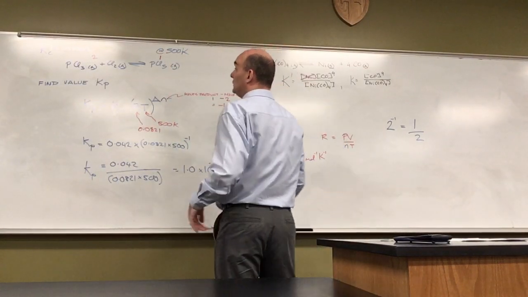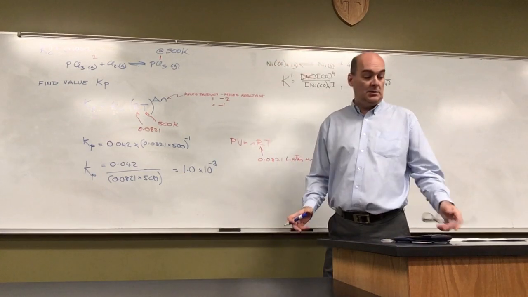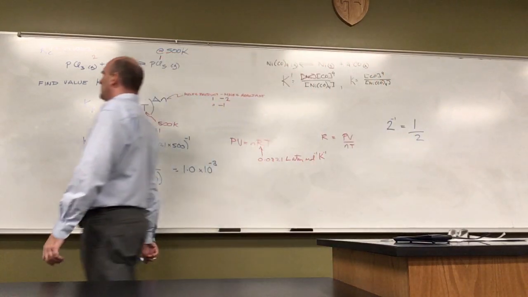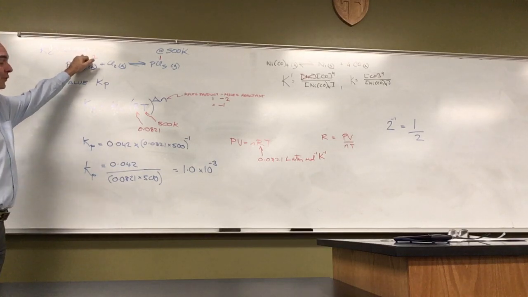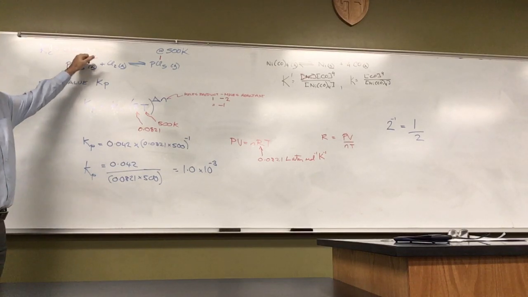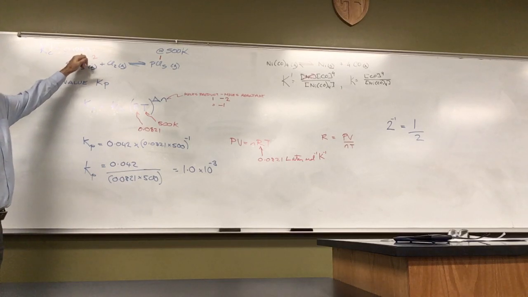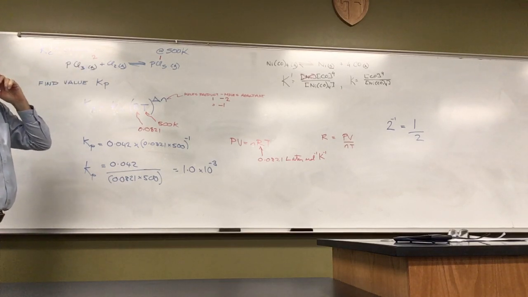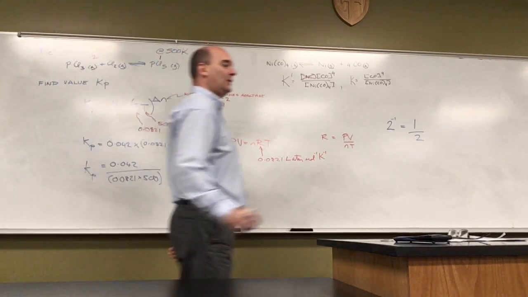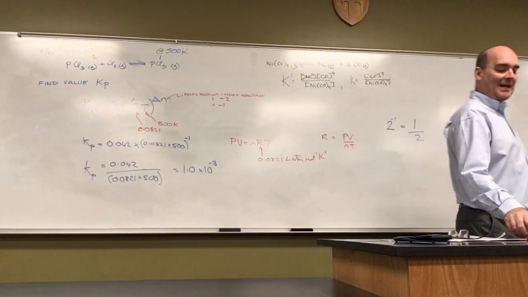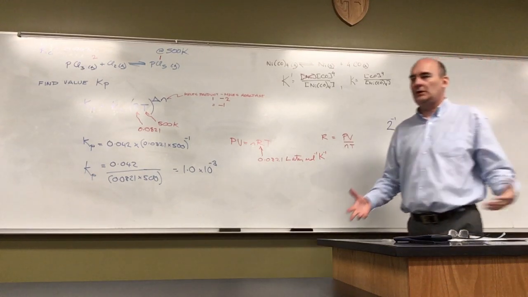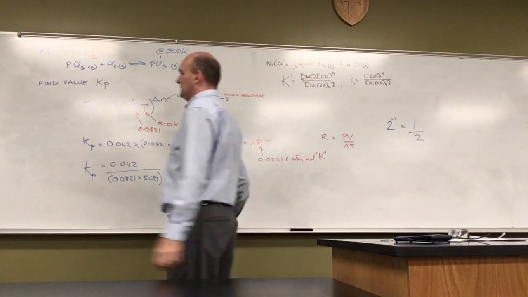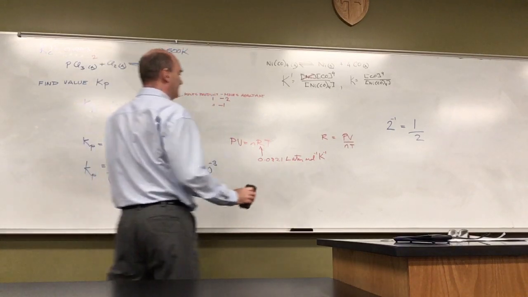We only have 2 significant figures. So the Kc was 0.04, and the Kp is 0.001. So those numbers are different. They do differ from one another, and you can't just throw a Kp into a table that is full of Kc's. You have to do something to convert it.